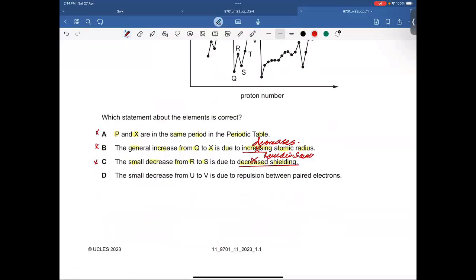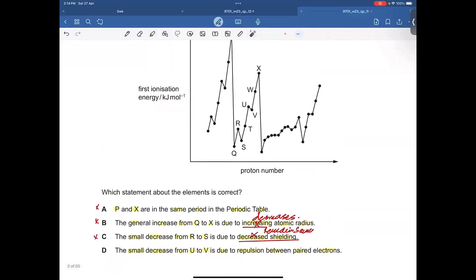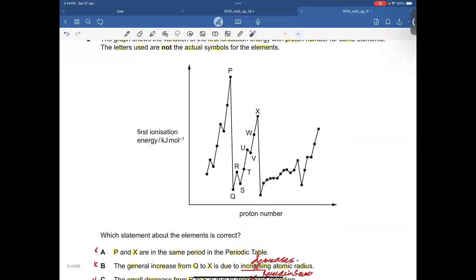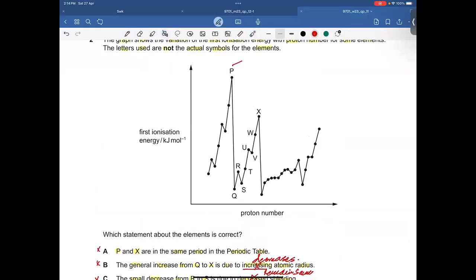The small decrease from U to V is due to repulsion between paired electrons. For U to V, this element has the highest first ionization energy, which means this element is going to be the noble gas. And according to my lecture, right after the noble gas, the element belongs to group 1 of the periodic table.